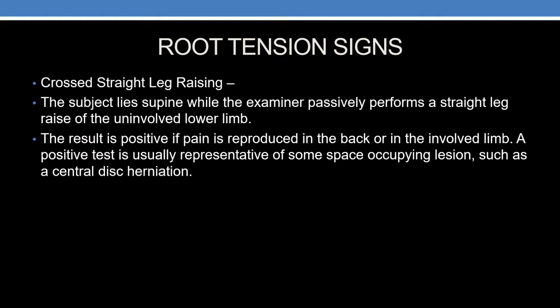And the result is positive if pain is reproduced in the back or in the involved limb. And a positive test is usually representative of some space-occupying lesion, such as a central disc herniation.